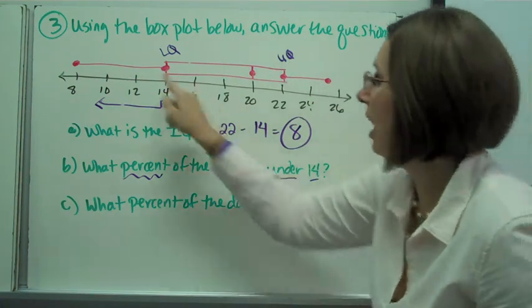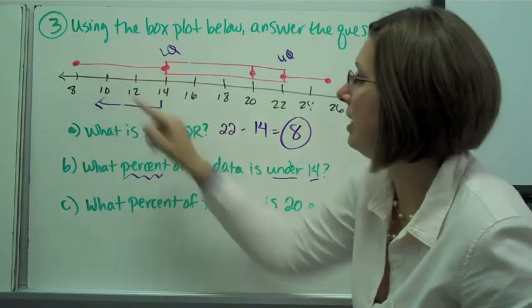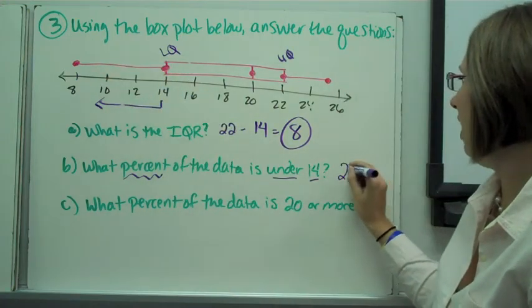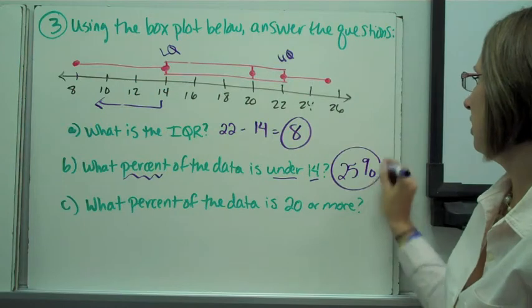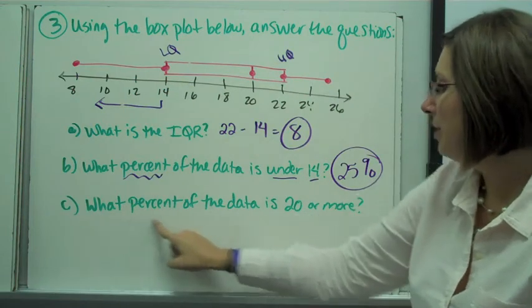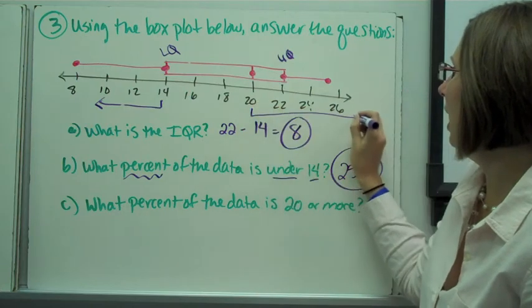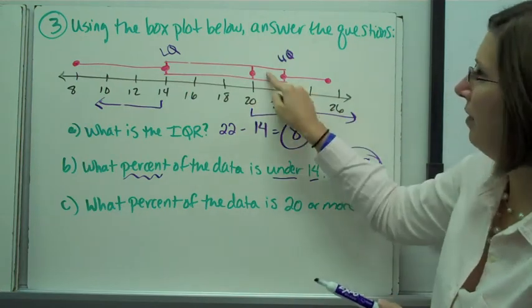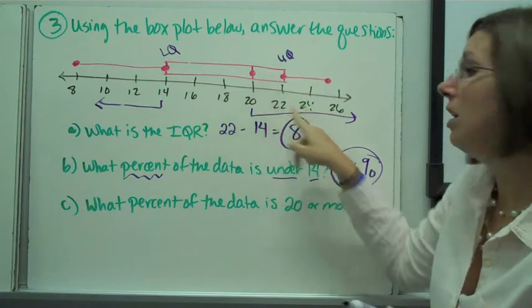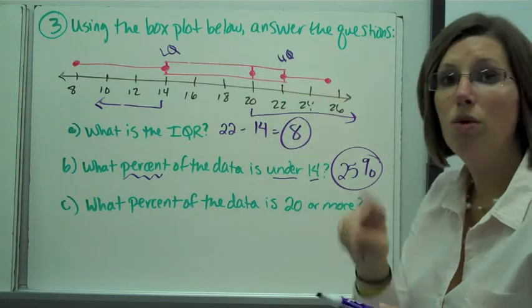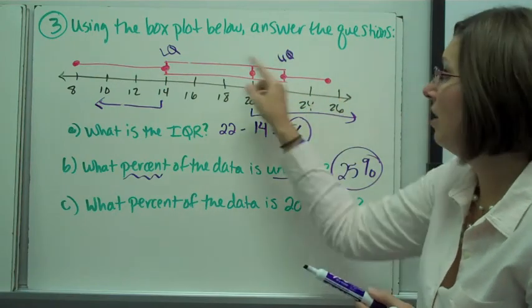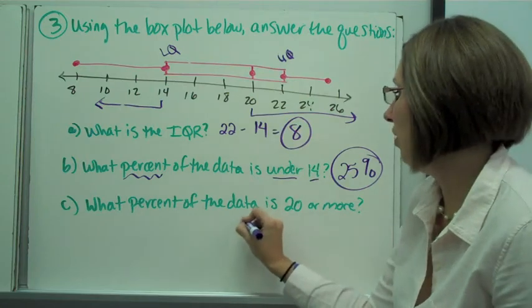In this case, I'm only looking at one piece, so I'm looking at 25%. And then C, what percent of the data is 20 or more? So 20 and up. So that's one of the pieces or one of the quartiles and another. So 2/4 of the graph is worth 50%.